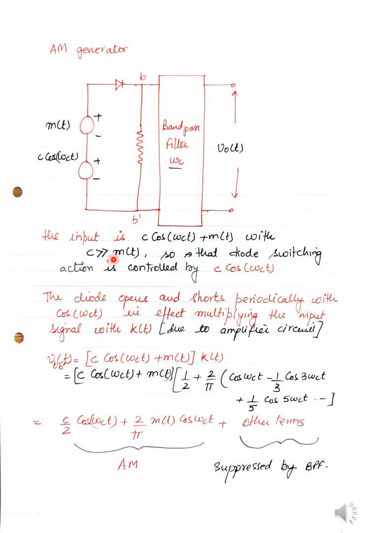So to make sure this is always forward biased, this amplitude C must be greater than m(t) for all values of m(t). So the diode switching action is controlled by this signal, not by this signal. The diode opens and shorts periodically with cos(omega c t), in effect multiplying the input signal with k(t) due to the amplifier circuit.